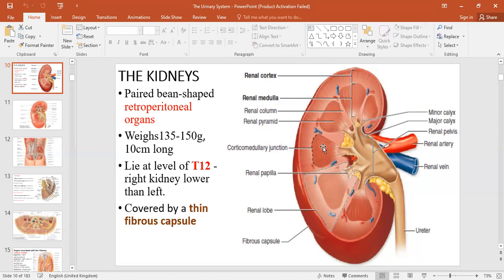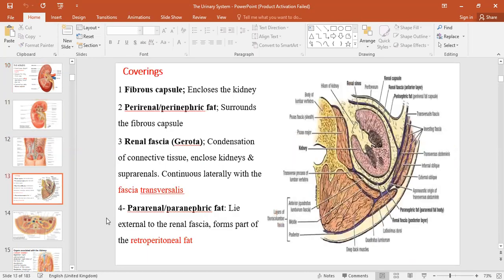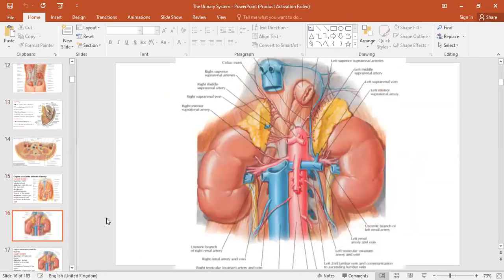So in short, the renal medulla, which are these pyramidal or triangular shaped structures, represent the number of lobes that were in that organ when the kidney was in an infant and when the kidney was in a fetus. So there are roughly about 12 lobes or so in a kidney. That is in an infant.